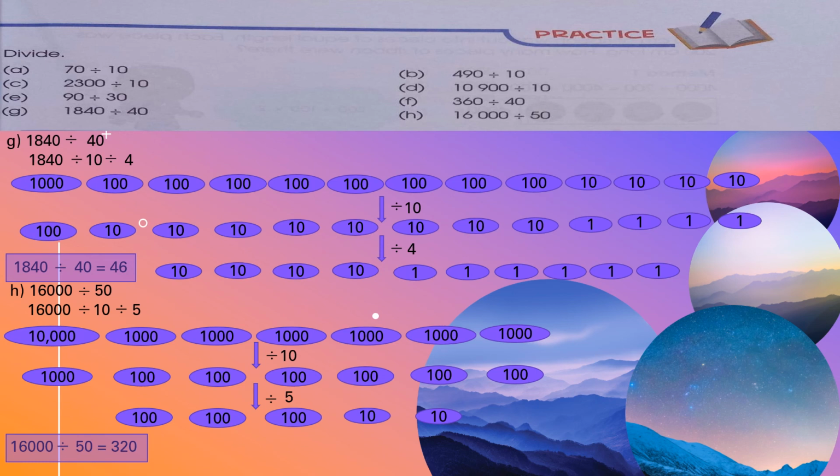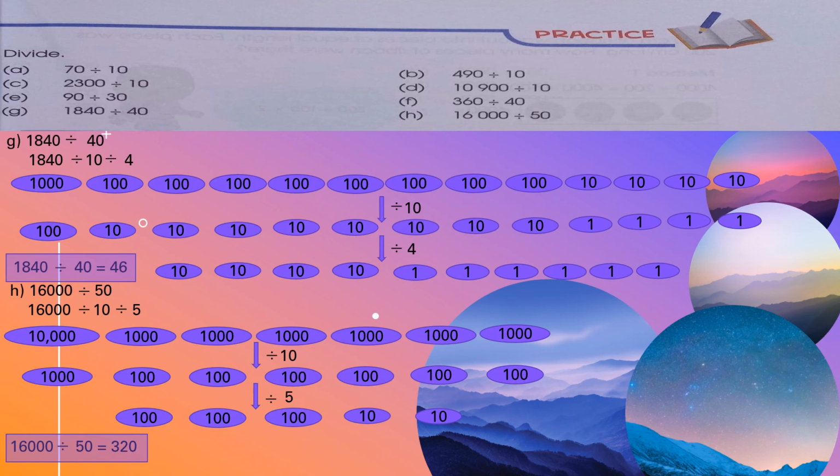For part H, we have 16,000 divided by 50. Here 50 is going to be broken up in terms of tens. So we are going to first divide 16,000 by 10 and the resultant by 5. For 16,000 we have 0 ones, 0 tens, 0 hundreds, 6,000 and 1 ten-thousand.